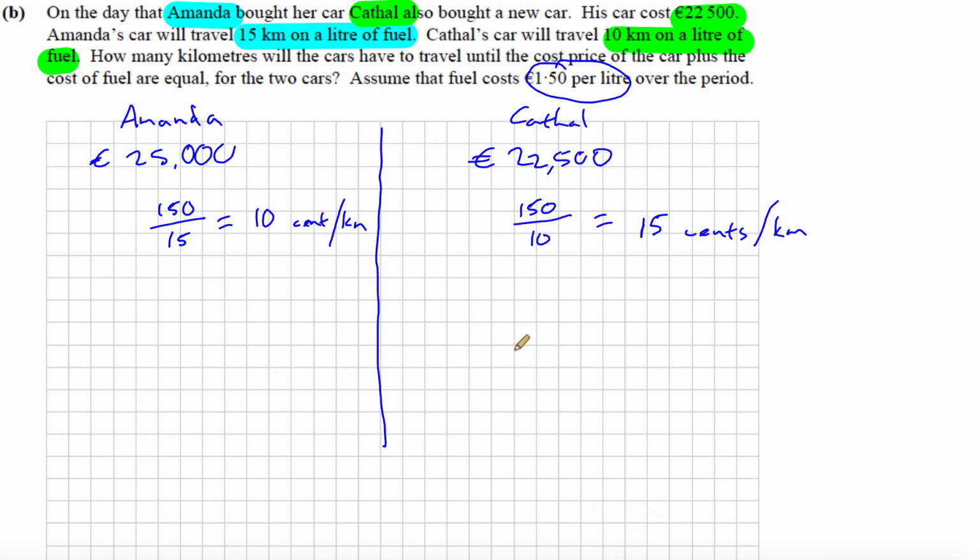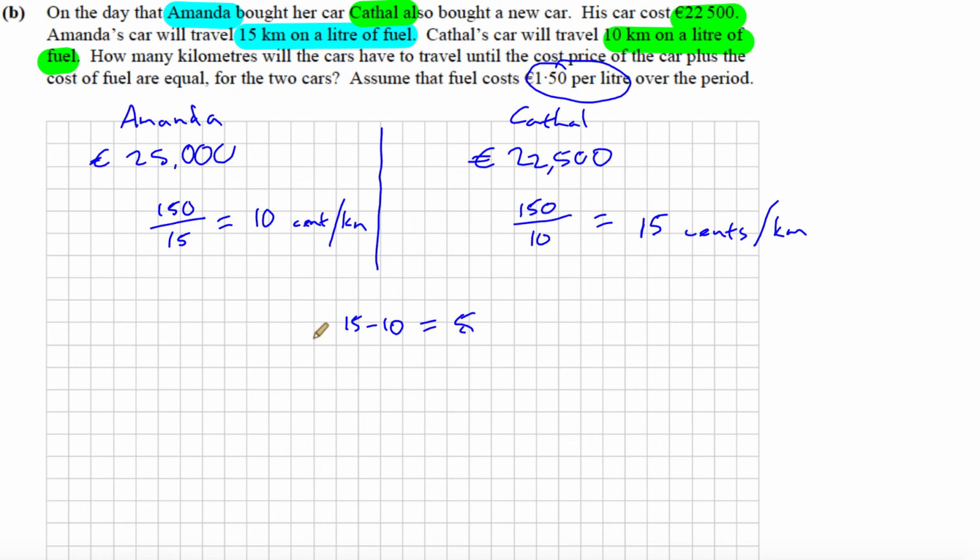Okay, so we know the difference in price of the cars, and we know the difference in cents per kilometre. So what we're going to do now is think about what is the cost difference for the fuel. Well, the cost difference for the fuel is 15 minus 10.